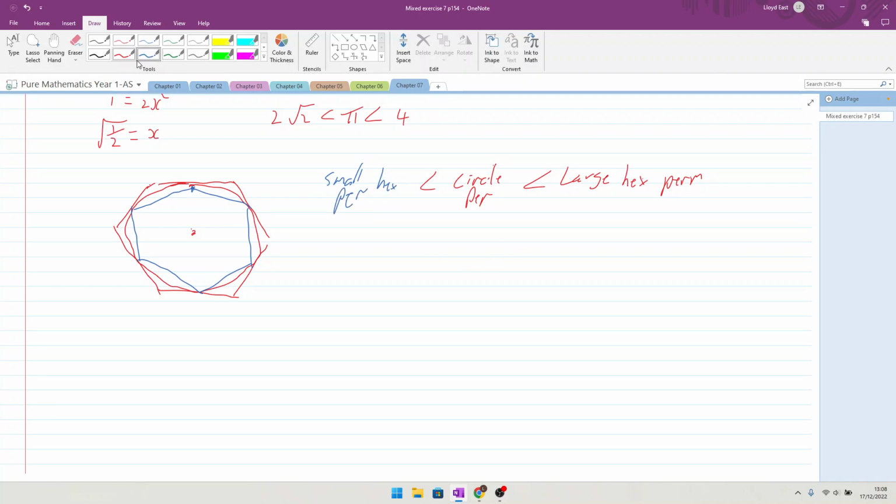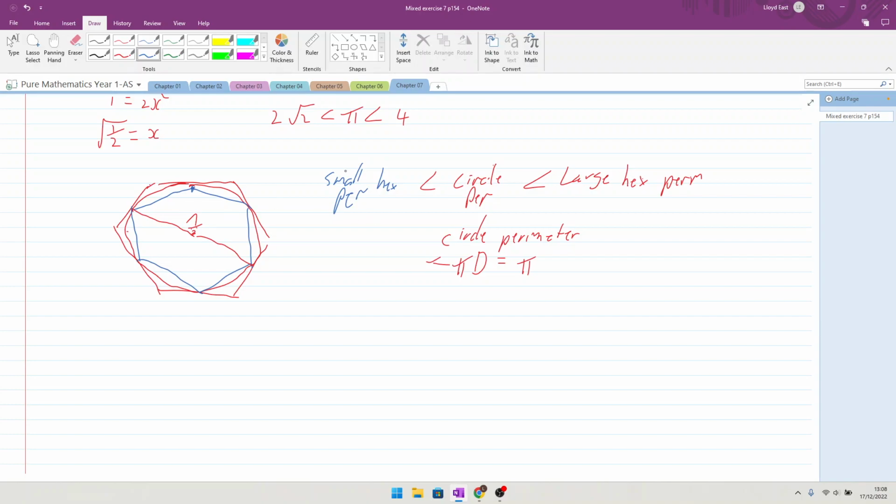Okay, and if we say for a start that the circle perimeter is equal to pi times diameter, which is equal to pi, because we are going to set the diameter of this circle in here as 1.